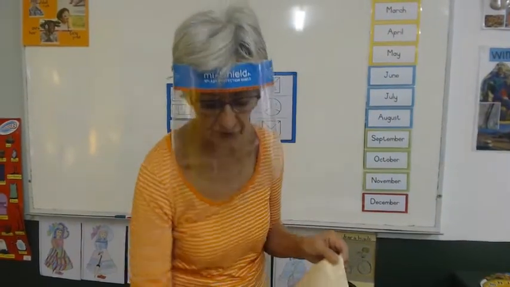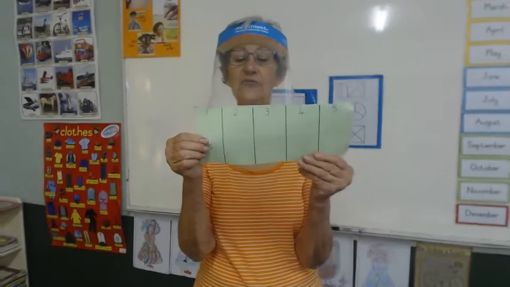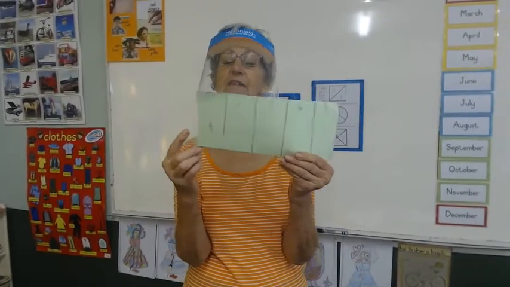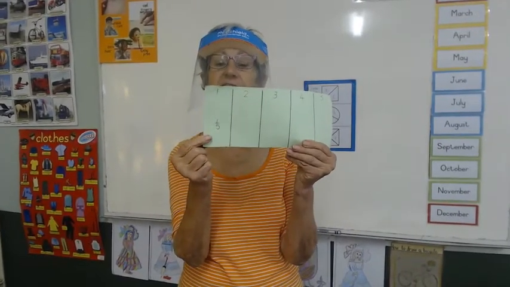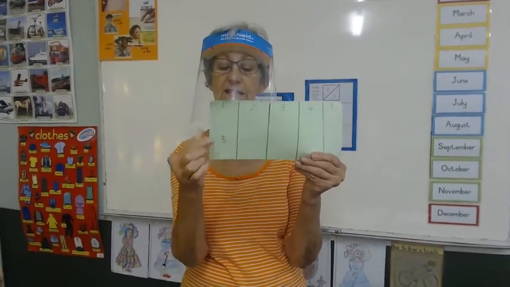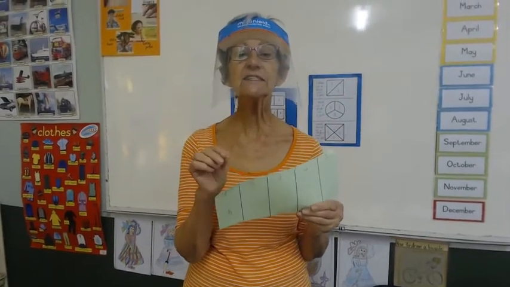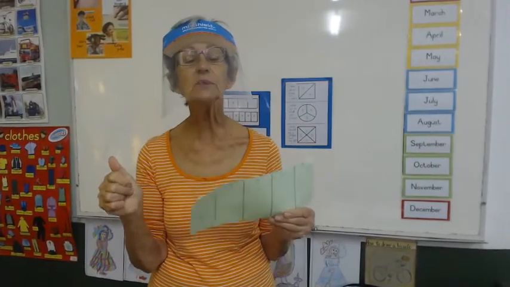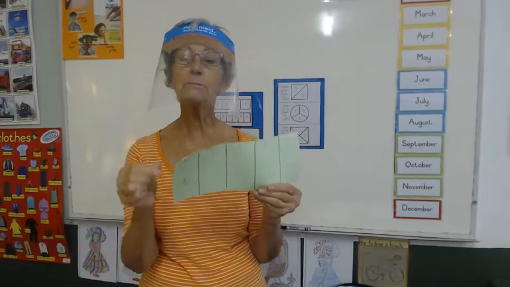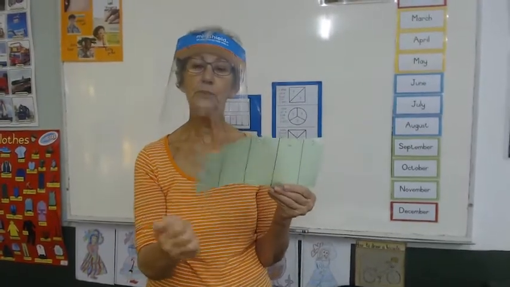If I have to cut it into 5 equal pieces, then we will say this part is a fifth of the whole part. When I cut it into 6, we will say this one part is a sixth of the whole piece.